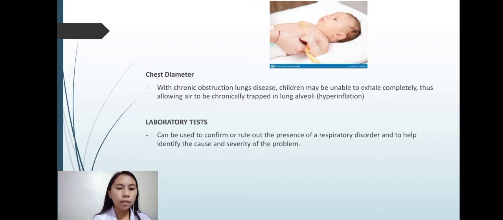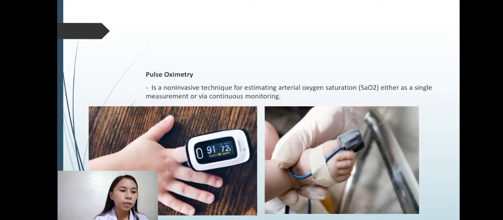So the next one, the laboratory test. It can be used to confirm or rule out the presence of a respiratory disorder and help to identify the cause and severity of the problem. And the pulse oximetry is a non-invasive technique for estimating arterial oxygen saturation, either as a single measurement or via continuous monitoring.